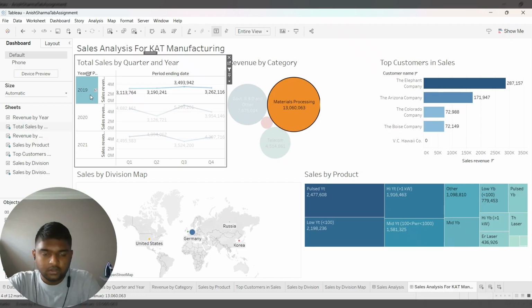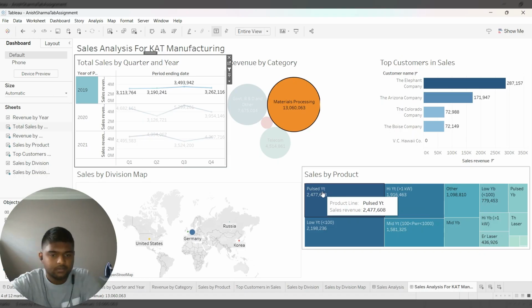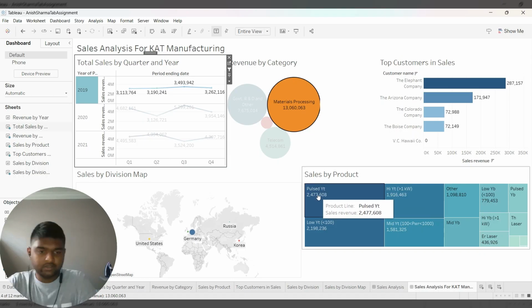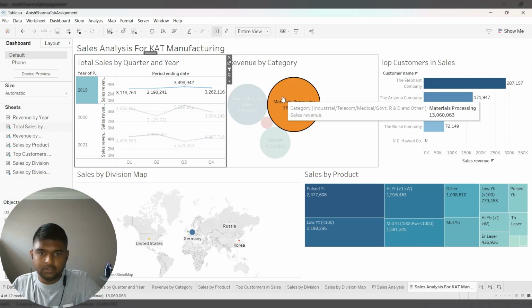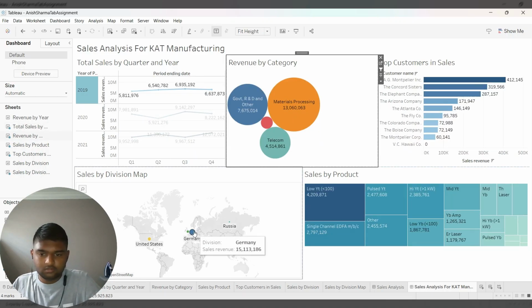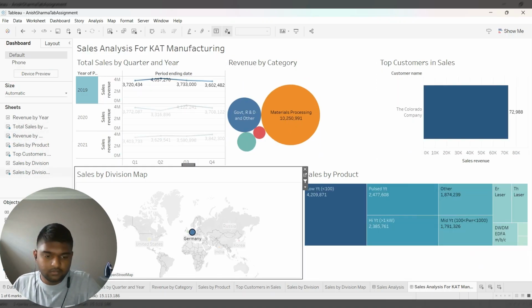The product line that had the most sales during that time was Pulse White during 2019, which sold 2,477,108 in revenue. And for the fourth, the top product line for the Germany division in 2019. Germany. And the top product line in Germany in 2019 was low IT at 4,209,871.